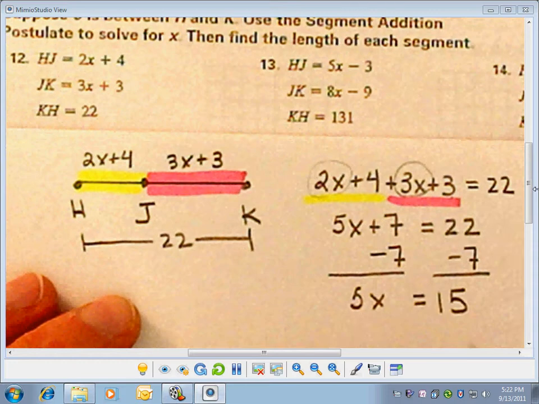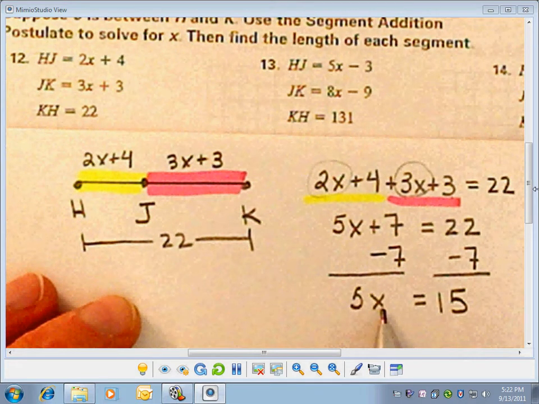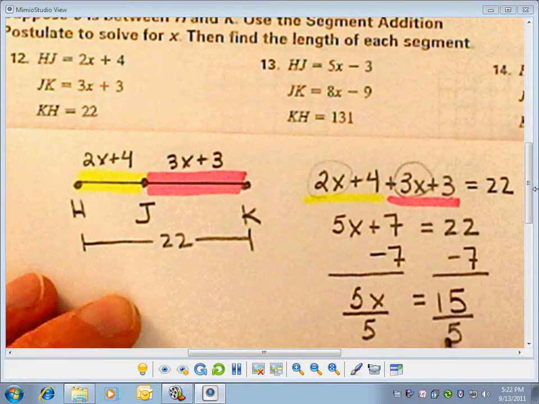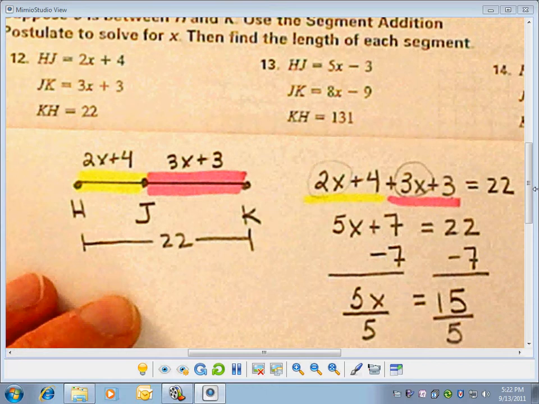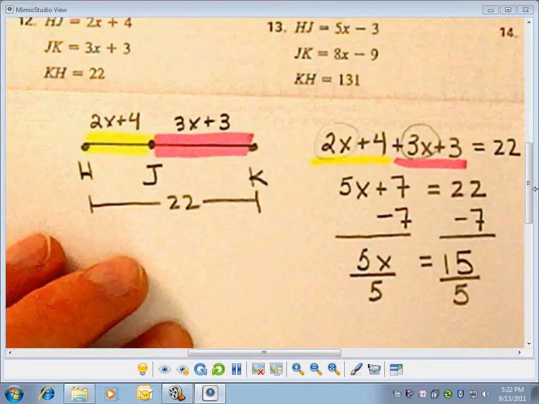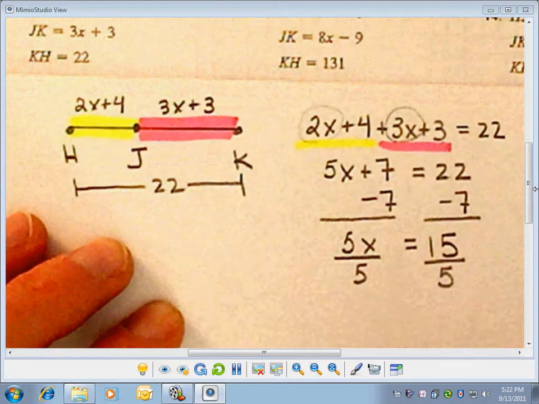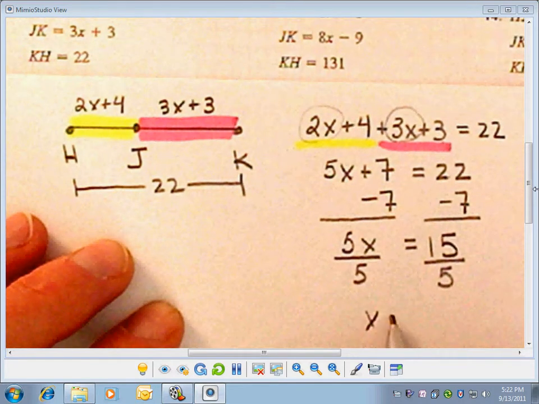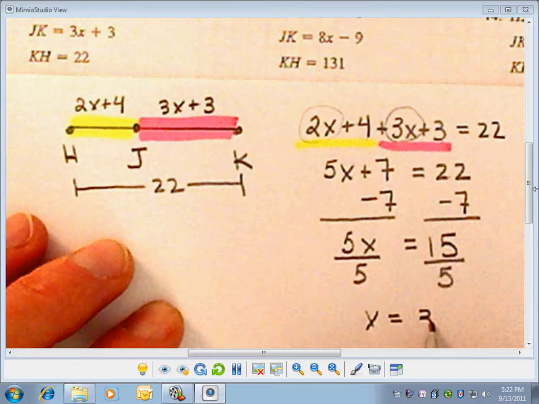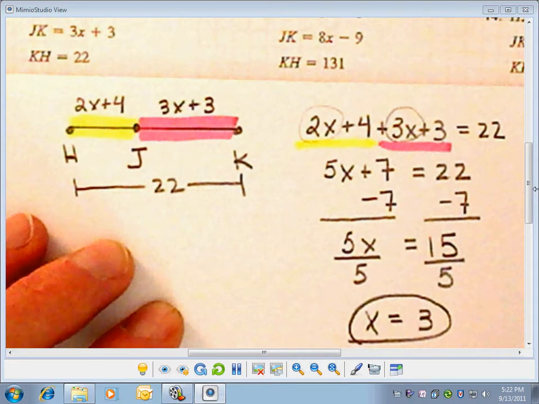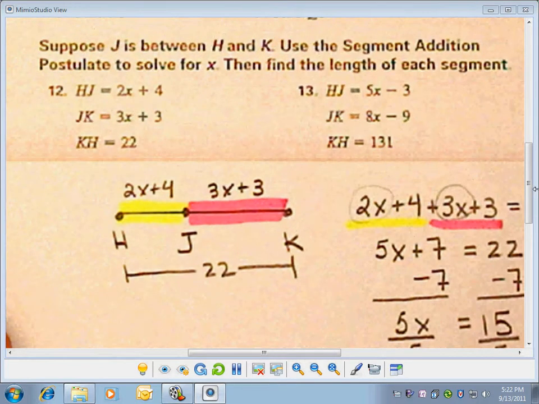So since 5 is being multiplied to x, I have to unmultiply by dividing. So then that means I'm going to have x equal to 3. So that's my answer for number 12.